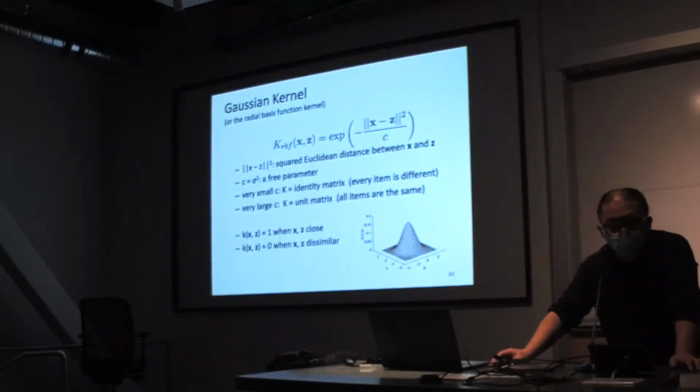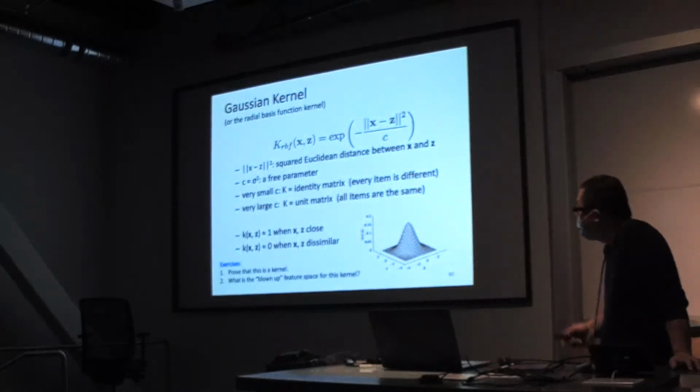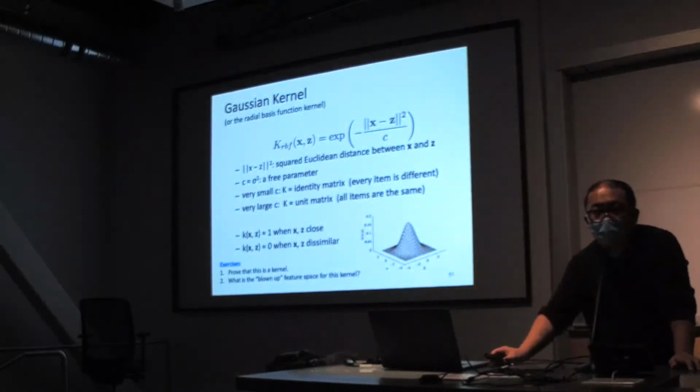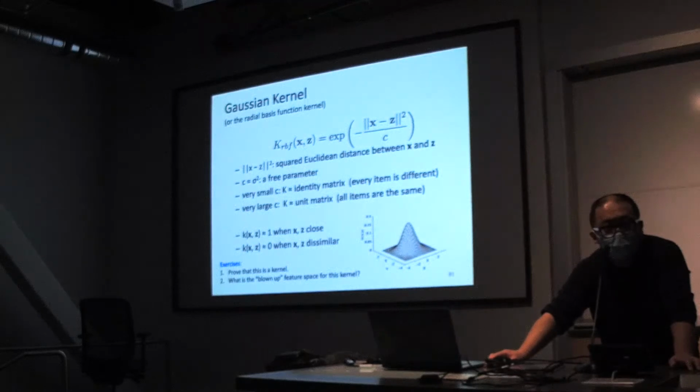A very interesting result of the Gaussian kernel is that the feature mapping underlying this Gaussian kernel is infinite. In our incoming homework 4, there's a bonus question, and I encourage you to find out the underlying feature mapping for the Gaussian kernel.